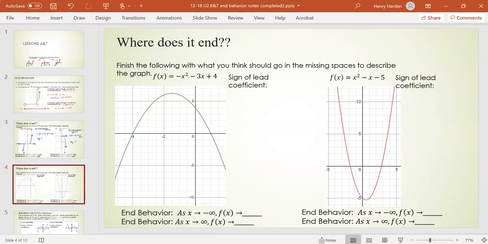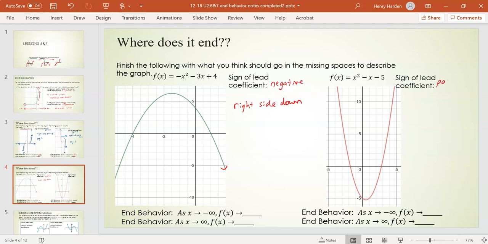Okay, on the next slide, we have a couple graphs, but let's look at them. So here, the sign of the leading coefficient is negative, but we see how the right side points down. Because again, it follows the leading coefficient.